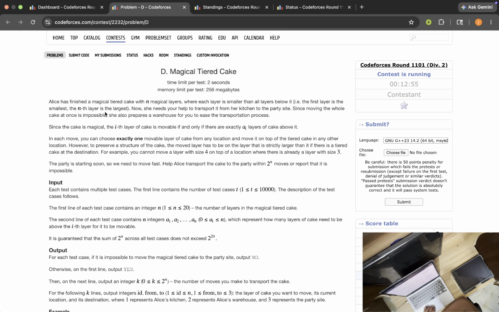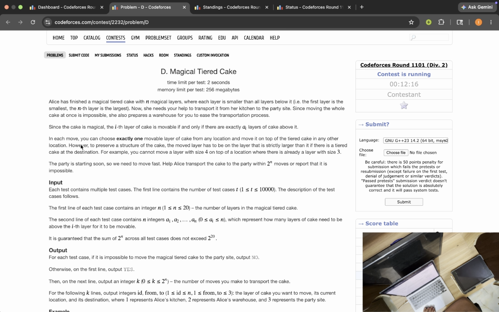Smallest at top, the nth layer is the largest. Now she needs help to transport it from her kitchen to the party site. Since moving the whole cake at once is impossible, she also prepared a warehouse for the transport process. Since the cake is magical, the ith layer of the cake is movable if and only if there exist exactly a_i layers of cake above it.